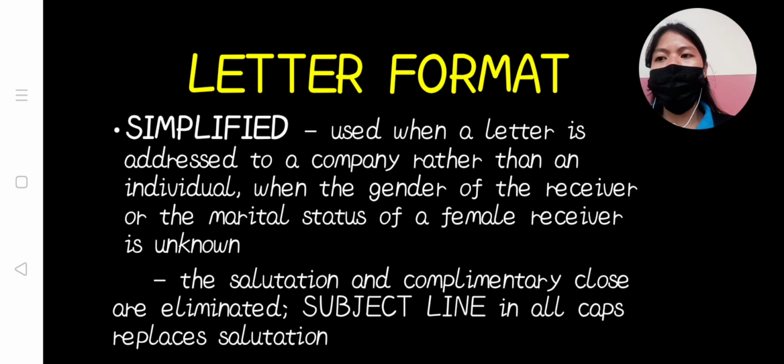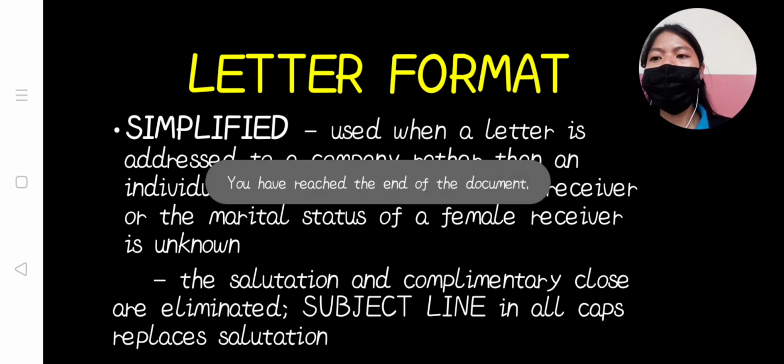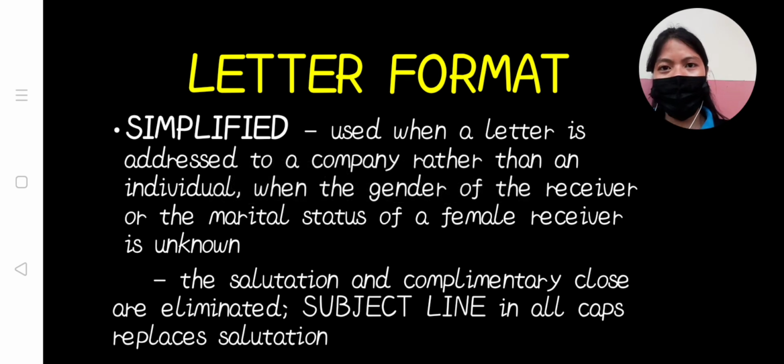Okay? So, take note that in the simplified format, there must be a subject line, and that should be written in all capital letters. Are there any questions or clarifications about the topics, the parts of the letters?